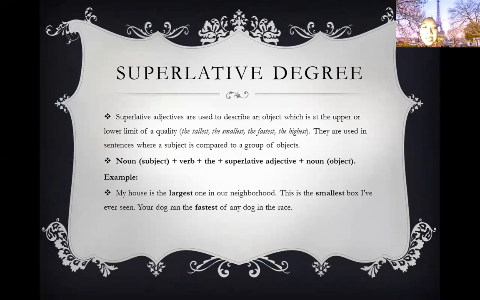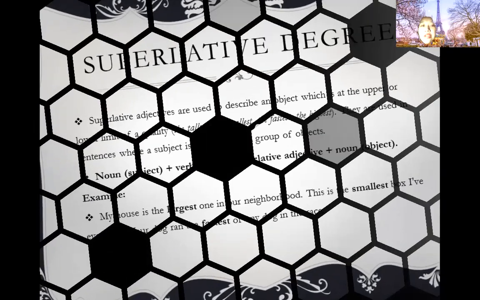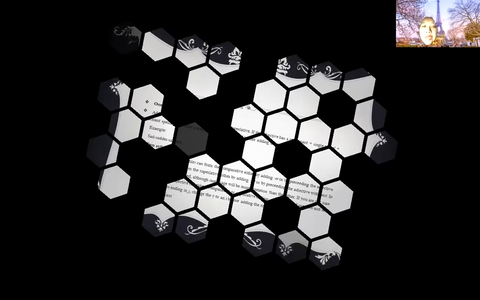Noun as subject, plus verb, plus the, plus superlative adjective, plus object. The object is a noun. Example, my house is the largest one in our neighborhood. This is the smallest box I've ever seen. Your dog ran the fastest of any dog in the race. So those are examples of superlative degree.